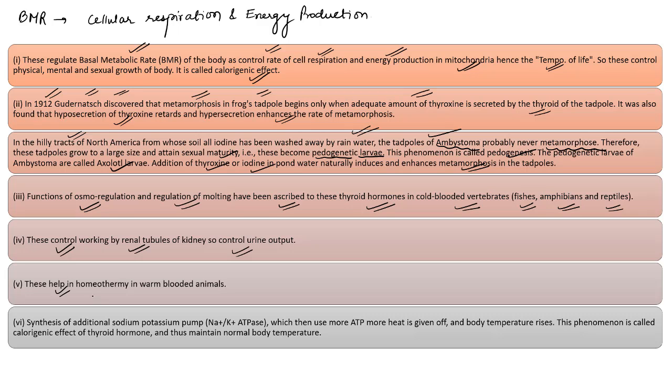These help in homeothermy in warm-blooded animals. Very important. So this hormone helps to maintain the internal constant environment.